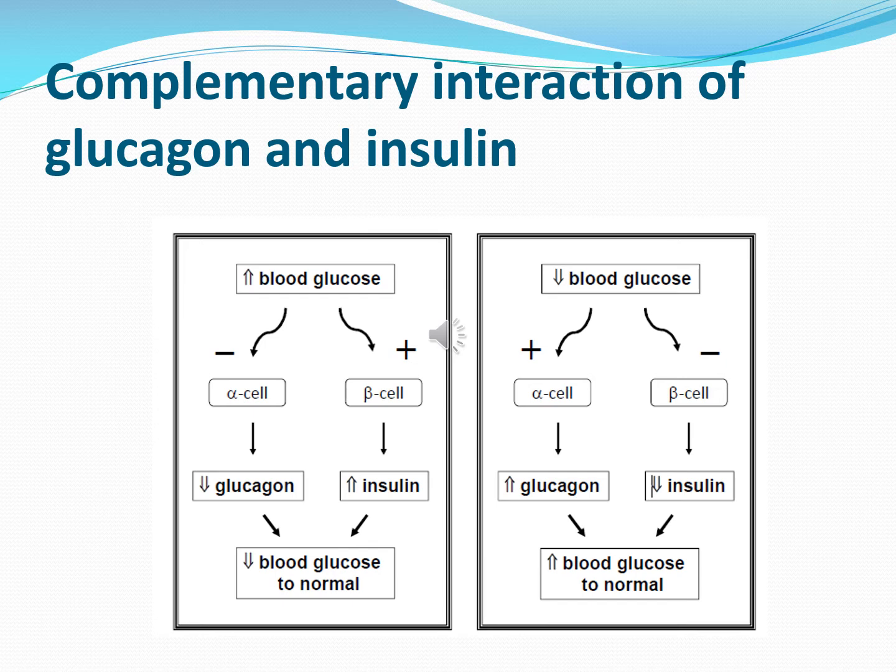Okay, insulin release, decrease in blood glucose through the mechanisms that we've discussed previously. When we have a low blood glucose, so 3.5 millimoles as we said, we're going to switch on the alpha cells, the glucagon, and we're going to switch off the beta cells, the insulin, and that's going to increase blood glucose.